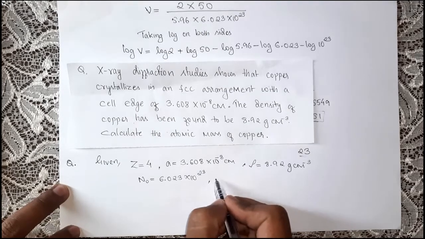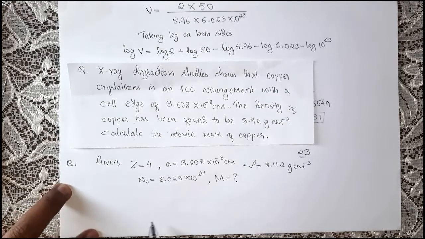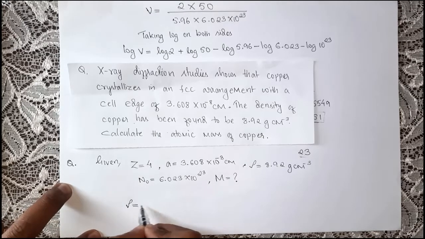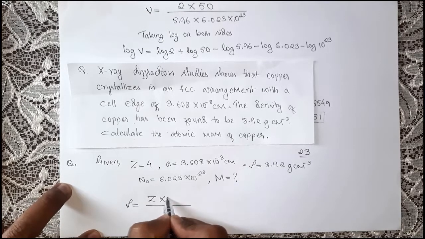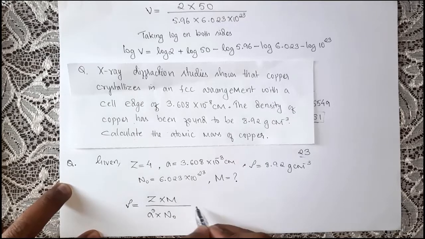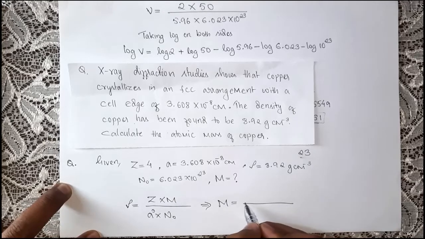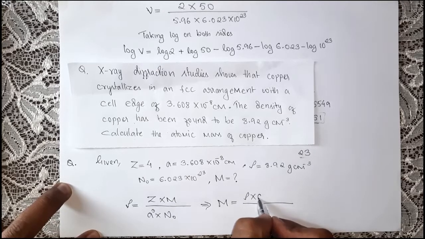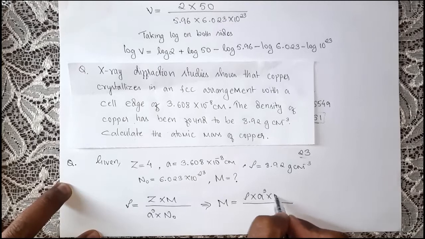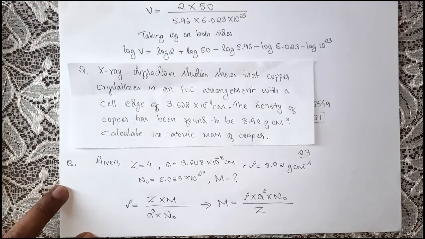So you're supposed to calculate M, the atomic mass. So what is our formula? We have density = Z into M divided by A cube into N naught. So I need to rearrange the formula. If I'm supposed to calculate M, it will be density into A cube into N naught divided by Z. So this is our formula.